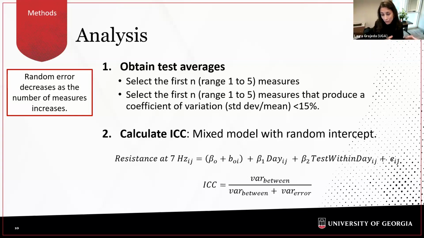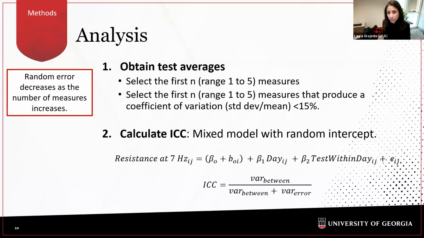So ideally for our research, we want more measures. However, this has implications for the conduct of the research because more measurements represent more burden to the participant and also more resources. So we have to find a good balance between less random error and resources.